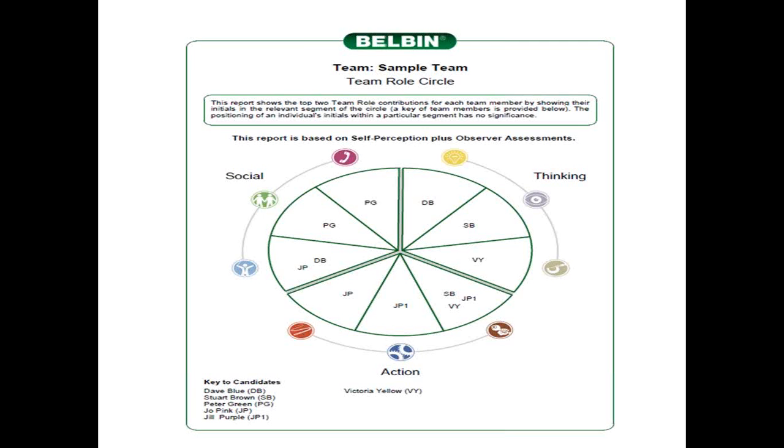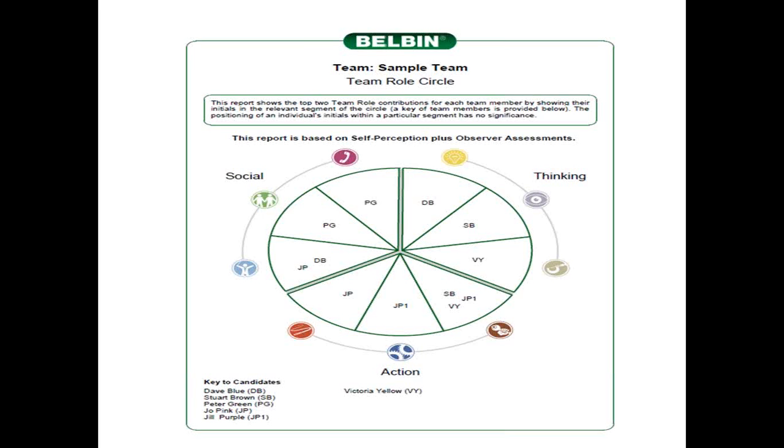Again, here we're measuring behaviors, as John mentioned. This is not a psychometric test as such, because we're not focusing on personality. We're measuring how people contribute, interrelate, and communicate within a working framework.